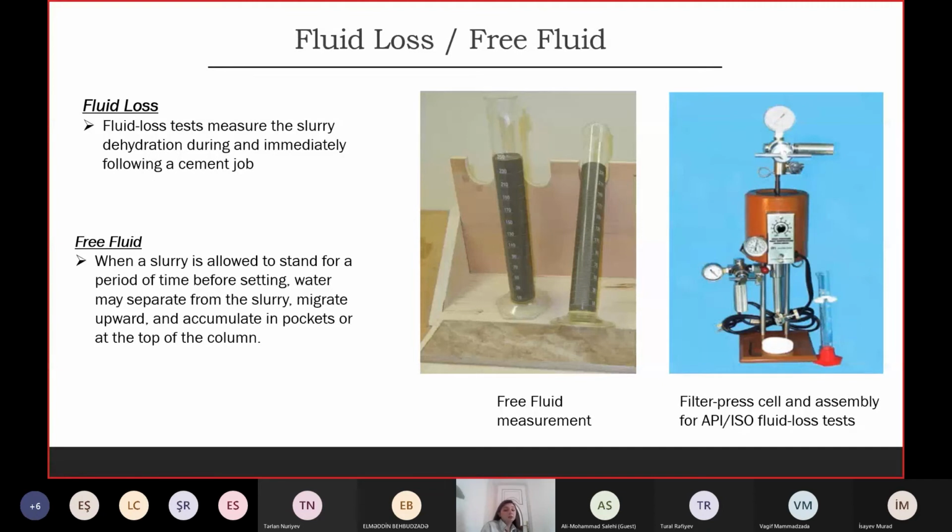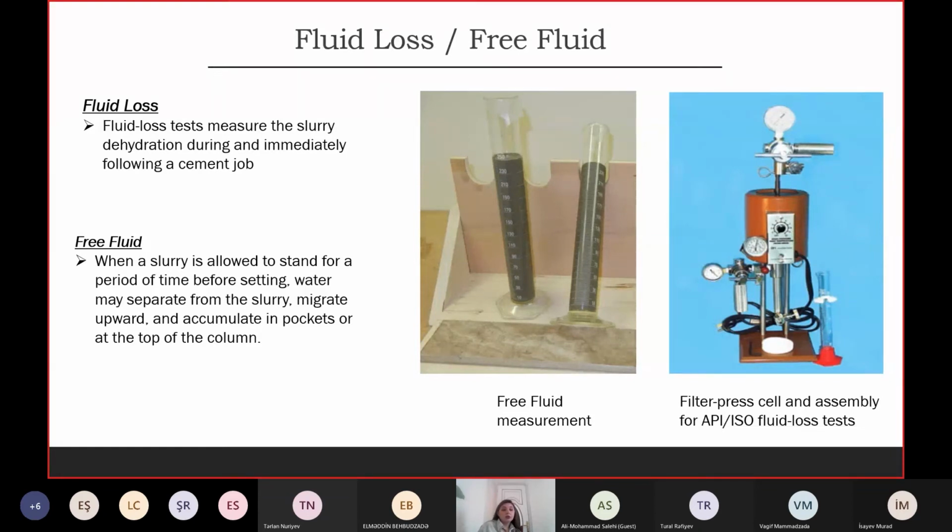But when you are using fluid loss control additives, you get even less than 50 milliliters, and you measure it in 30 minutes. This is a specific formula. You add it to the calculator, and you get the fluid loss number, how many milliliters you got during 30 minutes. Okay.